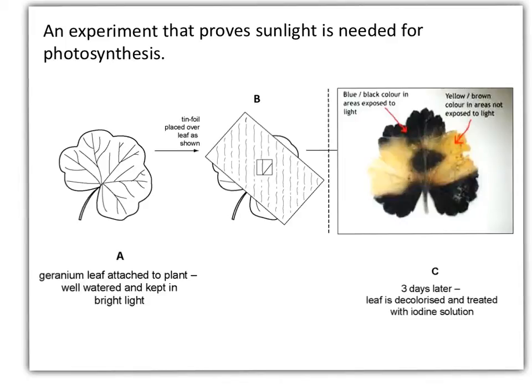We'd then leave the plant in the sunlight, and then 3 days later we would decolorise and treat the leaf with iodine. Now iodine detects any starch, so if the plant has been photosynthesising, it should have produced glucose, and that glucose should have been converted into starch.